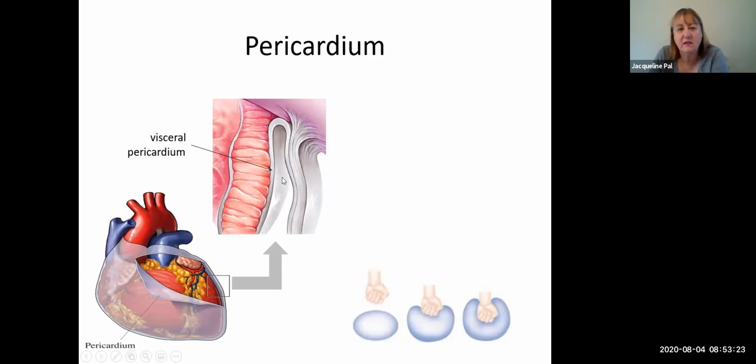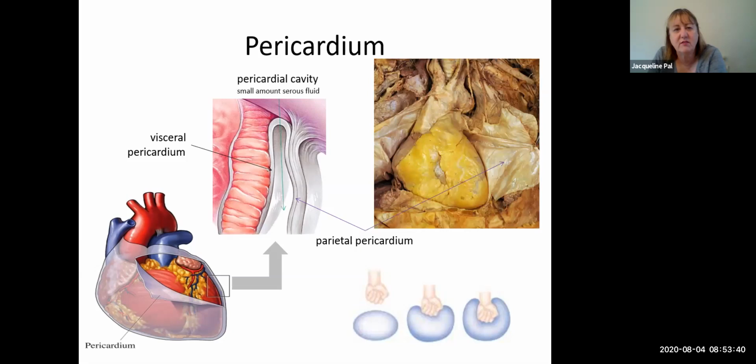And adjacent, and you can see actually it coming up and turning around at the top and forming the outer layer of pericardium, the parietal pericardium. And in between those two layers is where you would have the small amount of pericardial fluid in the pericardial cavity.